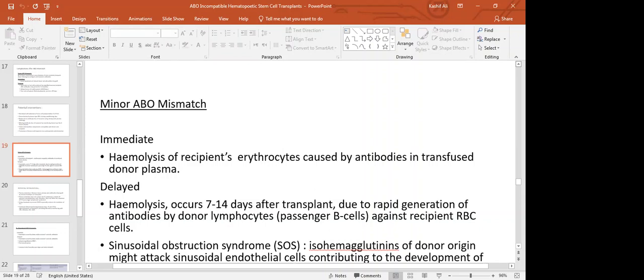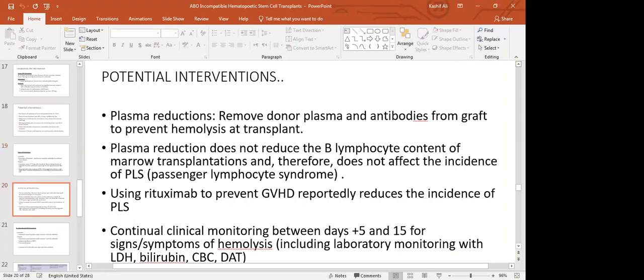Delayed hemolysis occurs 7 to 14 days after transplant due to rapid generation of antibodies by donor lymphocytes, passenger B cells, against recipient's RBCs. In sinusoidal obstruction syndrome, immune cells of donor origin might attack sinusoidal endothelial cells. Continual clinical monitoring between day +5 and 15 for signs and symptoms of hemolysis, including laboratory monitoring with LDH, bilirubin, and CBC, DAT.